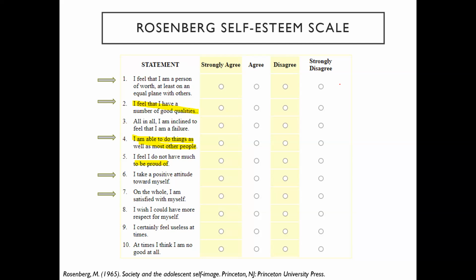Because when we do a scale, we compare it to, for example, a scale for depression, and sometimes for the same individual that you administer the scale to, they also go to a psychiatrist who gives a clinical diagnosis of whether they are depressed or not.